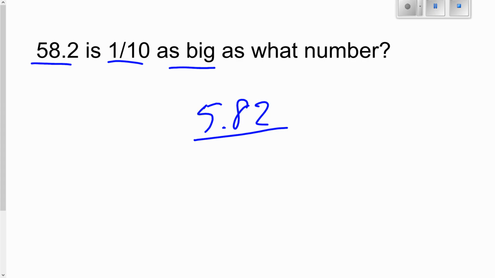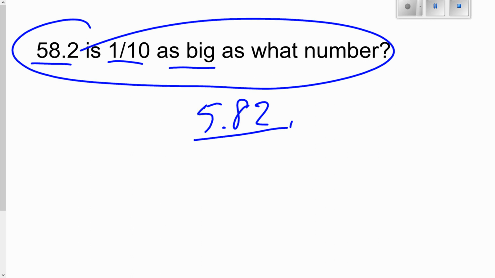And that's where you've got to stop and say, wait, that doesn't make sense. How can something that big be 1/10 as big as something smaller? So please, after you do these problems, if you're having trouble with them, go back, reread the whole thing with your answer in there to make sure that it makes sense. Okay. Hopefully that helps. Watch the video again if you need to, and try out some problems for yourself.